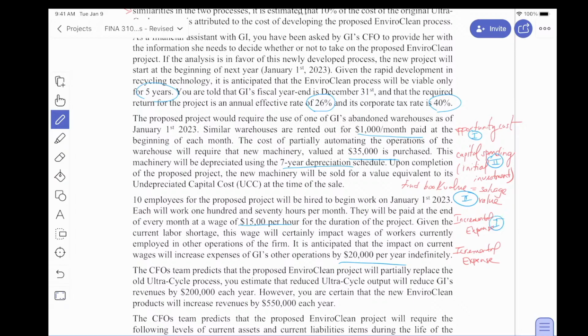Incremental expense will be part 1, and so on, okay? So you identify, separate, and then you can see there's a pattern. When there's a pattern, you can use annuities, and you'll see that in my solution. If you make a table, this item cannot go on the table because the increased expense is indefinite. You can't have an infinite table in Excel. You're going to have to use the annuity to calculate that for income.